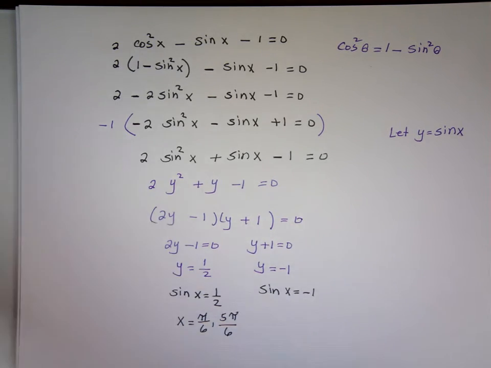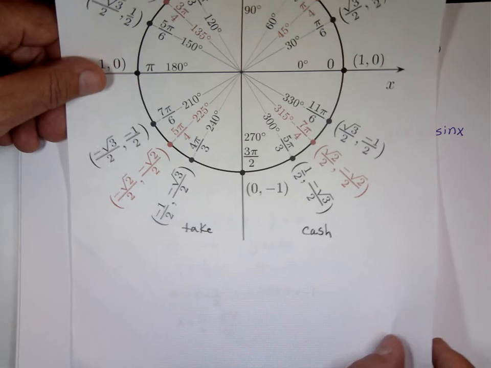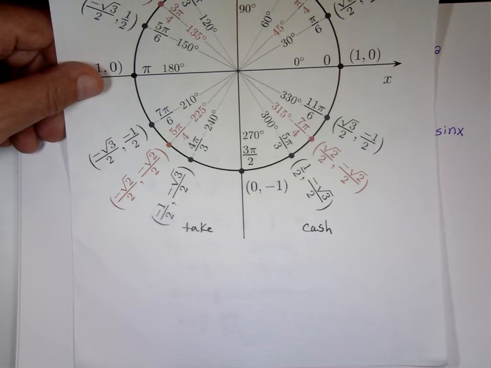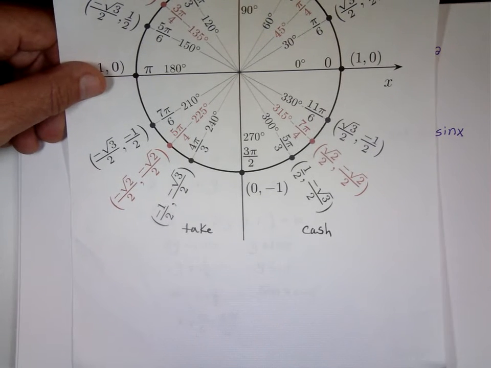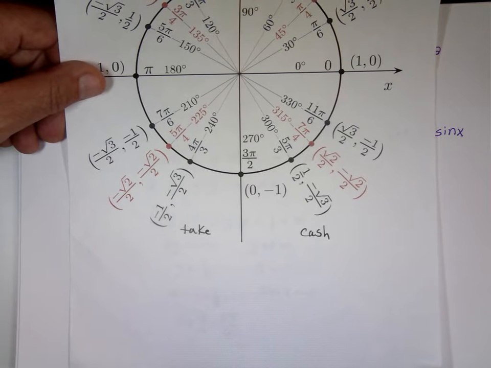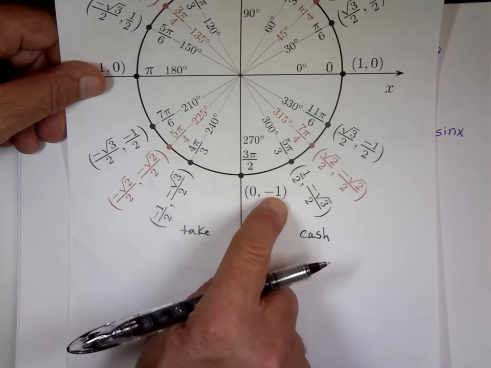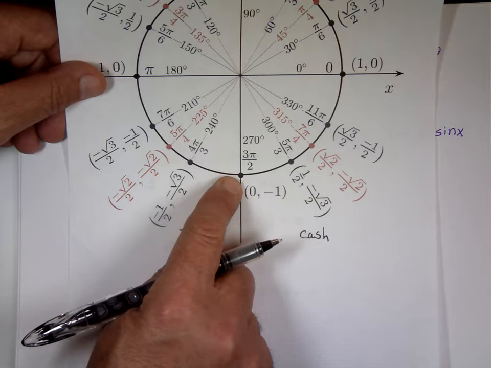Now sine equals -1. Sine is negative, so it has to be in the bottom. Where's the -1? Right there. That's the only one. Which angle? 3 pi over 2.